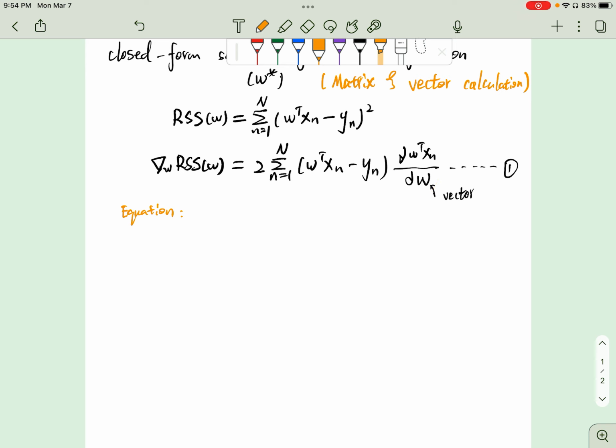I will tell you that this omega transpose multiplied with xn, do a partial derivative over omega, is equal to xn directly. So if we have this equation, we know this one is nothing but xn. So we can have a little proof here.